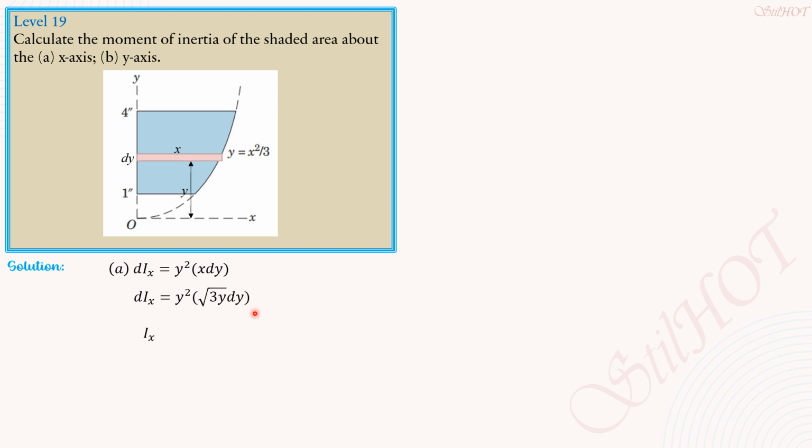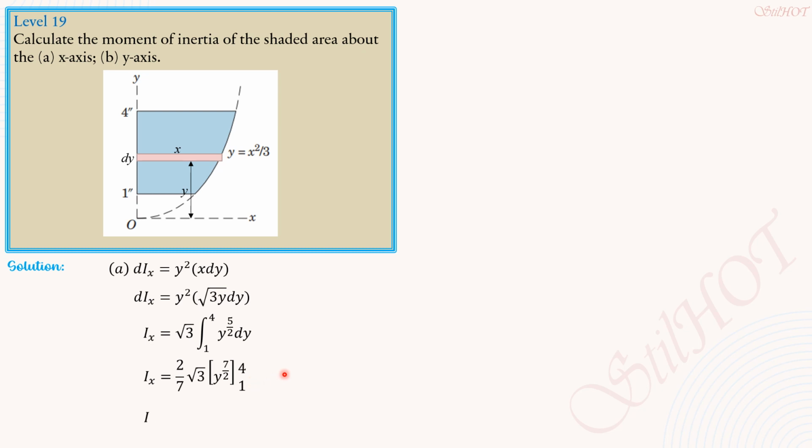Ix therefore is square root of 3 integral of y to the 5 halves dy. 2 plus 1 half is 5 halves. So Ix is square root of 3 y to the 7 halves over 7 halves, and reciprocal of 7 halves is 2 over 7. Since it is y that is the variable of integration here, limits of y would be from 1 to 4 inches.